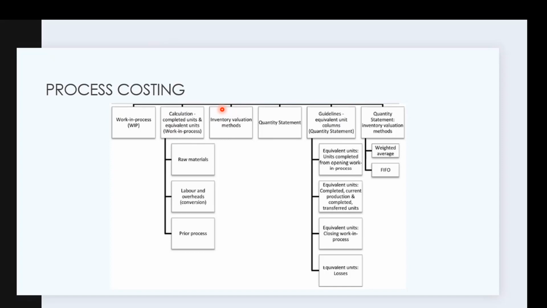And also the quantity statement, and how you go about it, and they break it down here, right? Equivalent units, opening work in process. We'll look at these things. Hence I've mentioned, but then there's a part we're not going to look at today, which is the loss part. Okay. But it will all depend on time.